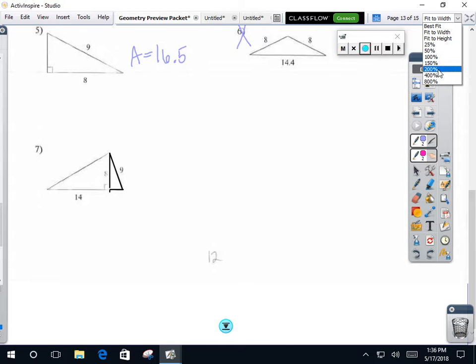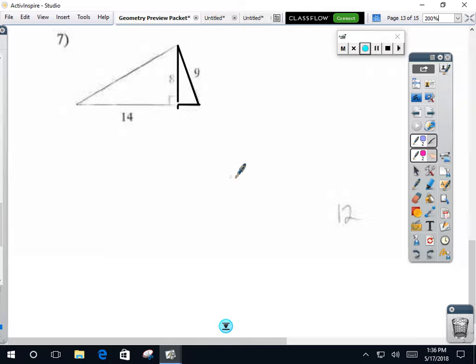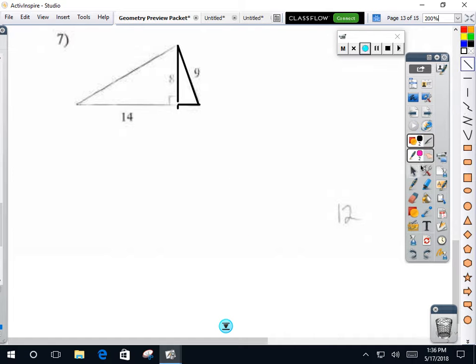This is a different kind, so you need to be paying attention. Okay, for this one, you have basically one big triangle, but within that one big triangle, don't you have 2 other triangles?